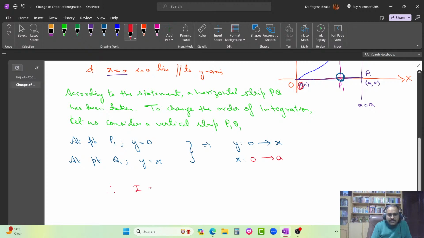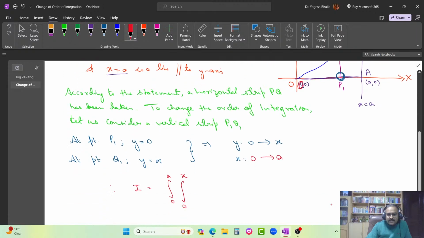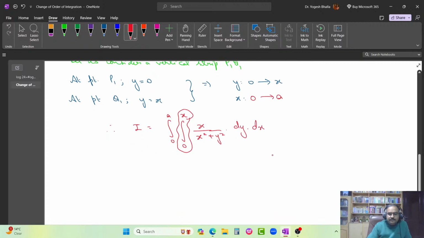Therefore, the integral reduces to: constant limits taken outside, dependent limits taken inside. So y from 0 to x. The function was x upon x square plus y square, and this was the limit of y, so dy first and then dx.